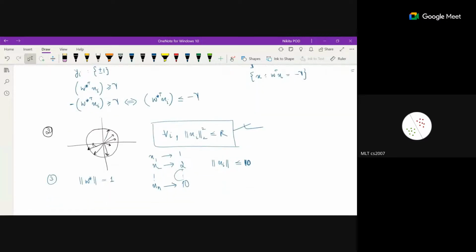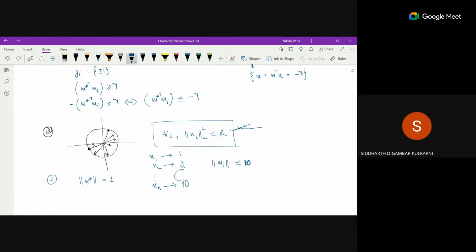In general, this will always hold, because if you have a set of data points and I take the length of every data point, there will be at least one vector whose length is the maximum. So the length of all these data points is upper bounded by this R. All these data points are inside some closed ball whose radius is R. That's all we are saying.